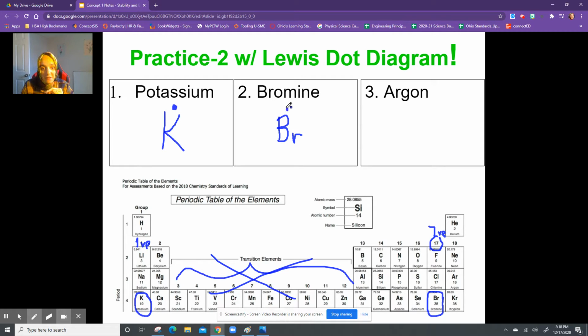So it has 7. 1, 2, 3, 4. Well, this is not what we are doing, right? I made the wrong representation. One at a time. 2, 3, 4, 5, 6. I forgot what number we got. 7, right?